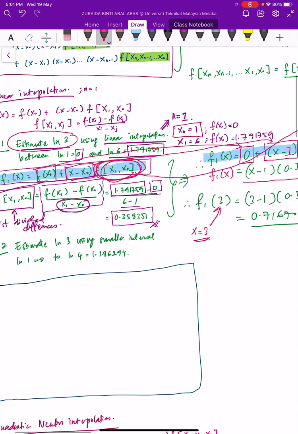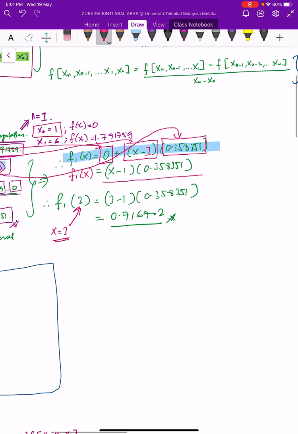You plug into your approximation formula here, with x equal to 3 and everything else equal. When you solve this, you'll get the approximation as 0.716702.